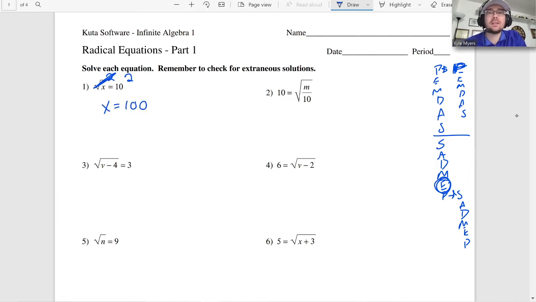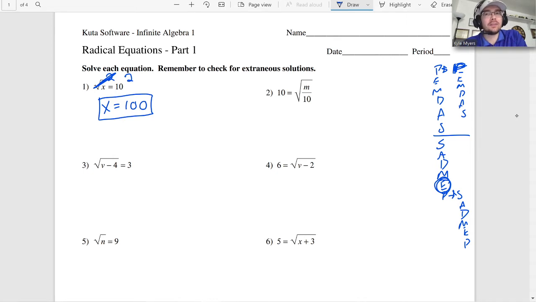Right? 10 squared. Don't forget, it's not 10 times 2. It's 10 times 10. A lot of people make that mistake. Be really careful. It's not 10 times 2. 10 times 10. And that's it. You might be thinking, but isn't there like a thing where you have to do a plus or minus somewhere? And there is, but that's if you have to take the square root of both sides in order to solve.